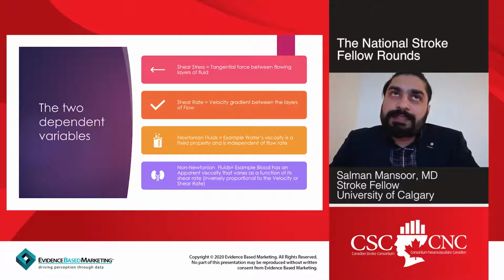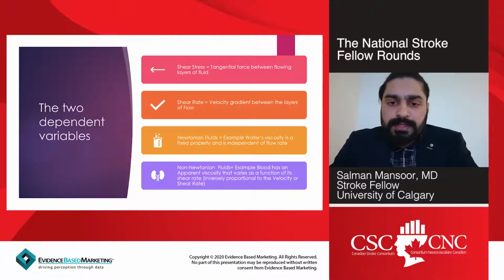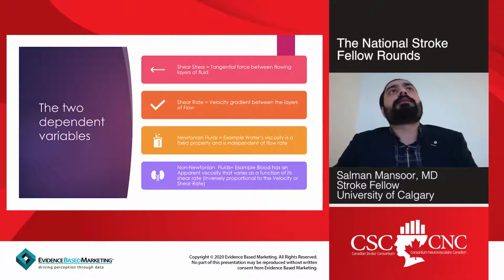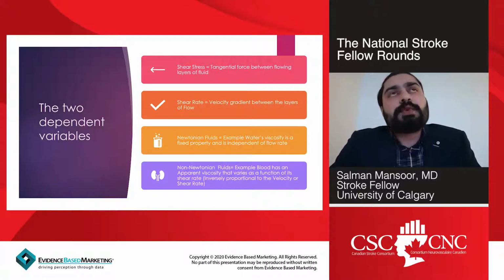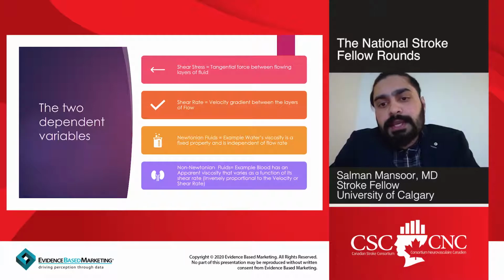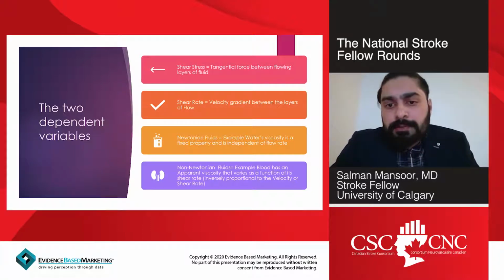From a physics standpoint, there are two types of fluids. One are the Newtonian fluids, and the other ones are the non-Newtonian fluids. The Newtonian fluids are, in simplistic terms, those fluids which obey the general principles of Newton's law. An example of a Newtonian fluid is water, which has a fixed viscosity that is independent of its flow rate.